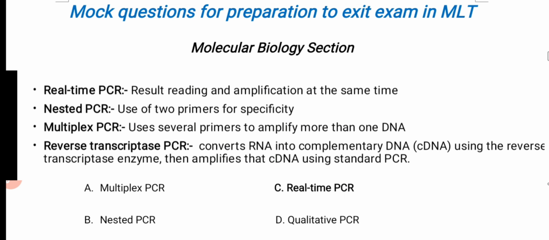Another is the nested PCR. Nested PCR uses two primers for specificity. The first primer is used for larger sections of DNA, then the second primer is used for a smaller and more specific section of DNA. So it's planned for specificity, and we use two primers.